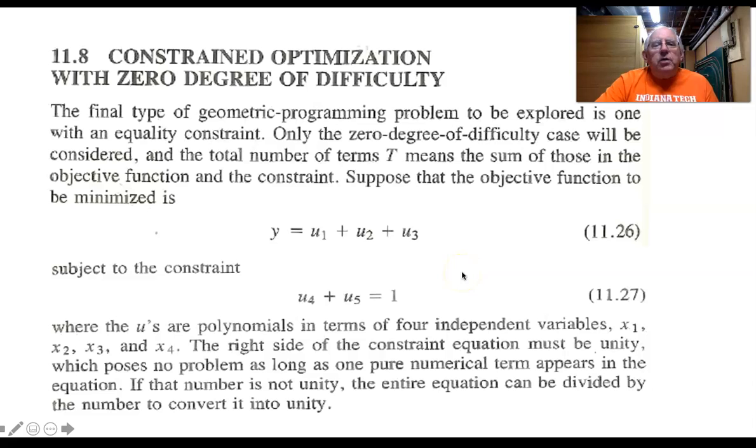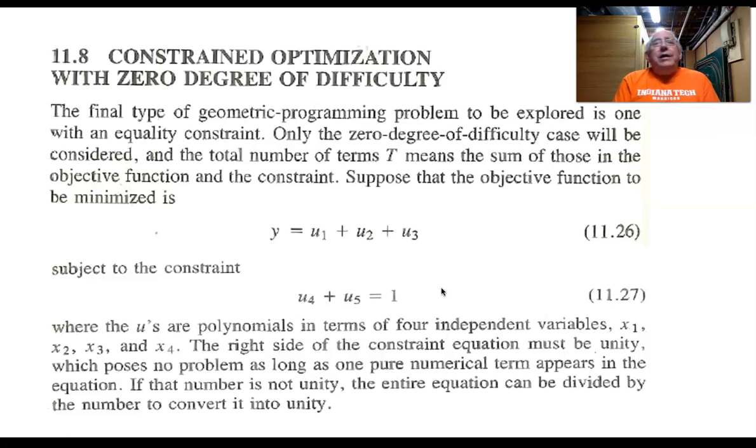Our next section that we'll briefly talk about is how do we handle it when we have a constraint in a geometric problem. And so we're going to look at the case where we have a polynomial or a multiple term equation for the objective function, but now we have some additional polynomials that correspond to a constraint in the system.